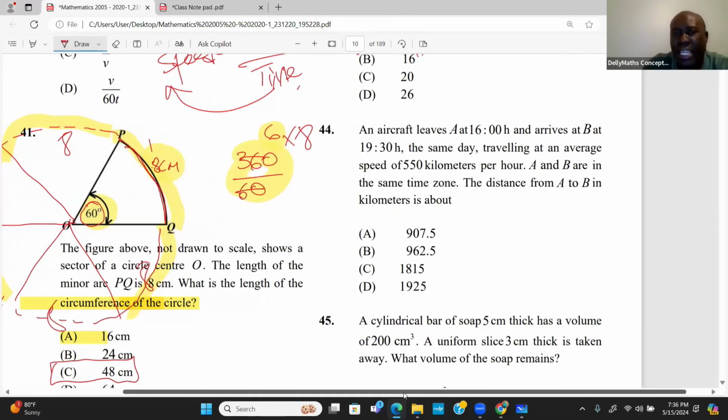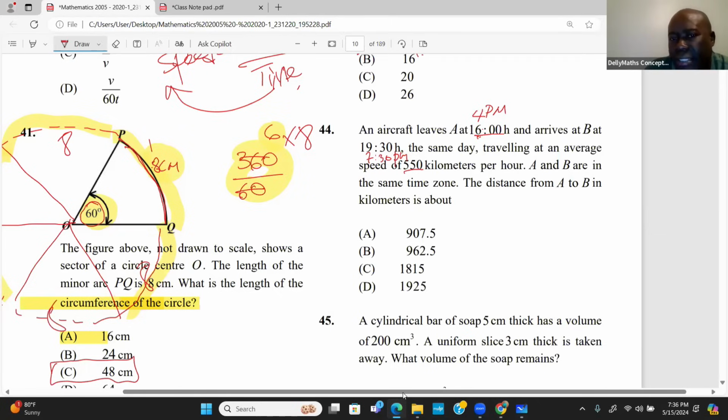All right. An aircraft leaves at 16. This 16 is 4 p.m. And arrives at a destination at 19. So you can check. This is like 7. So this is 7:30 p.m. Traveling at an average speed of 550 kilometers for every hour.